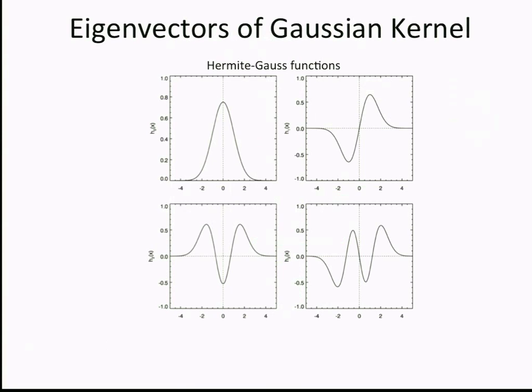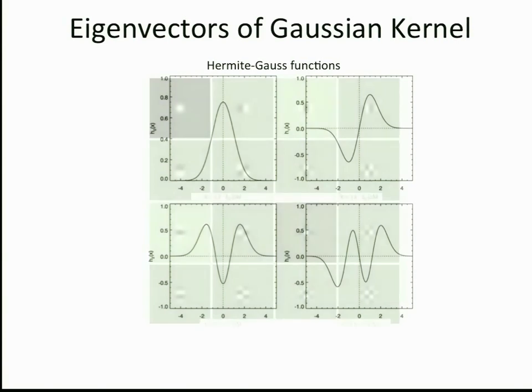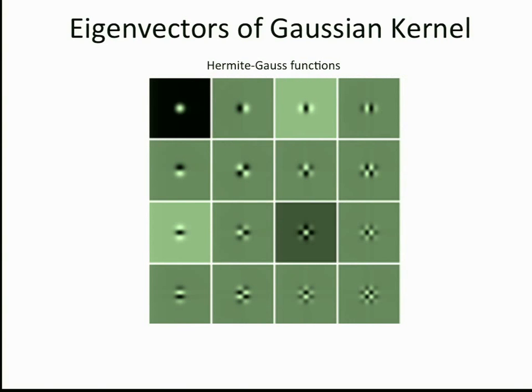These are called Gauss-Hermite functions. They're basically polynomials modulated by Gaussians over a finite interval. And in 2D, they look like this as images. So if you just design a Gaussian filter and apply it to an image, the output image that you're producing is some linear combination of these very simple basis functions that don't depend on the data.